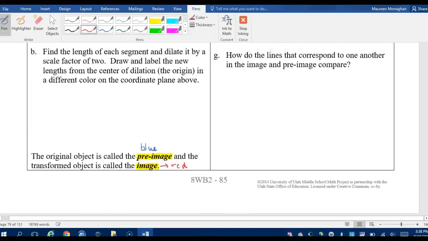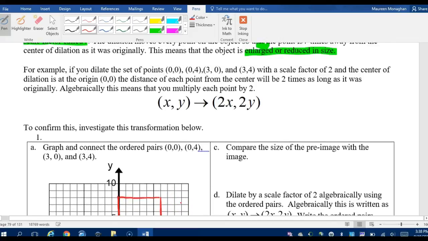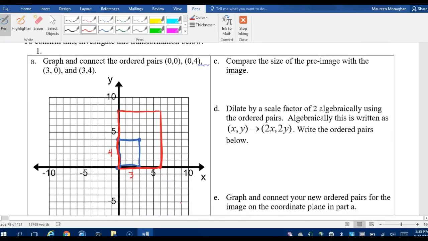Then the next order of business is to compare the size of the pre-image with the image. Well, each side is twice the length, and the area is, let's see, this one is 3 by 4, so this area is 12, and this one's going to be 8 by 6. 8 by 6 is 48.